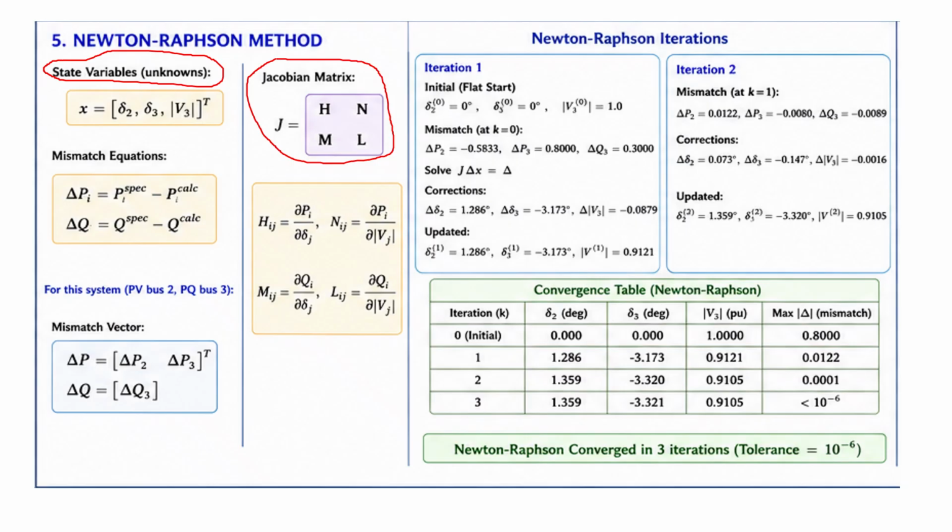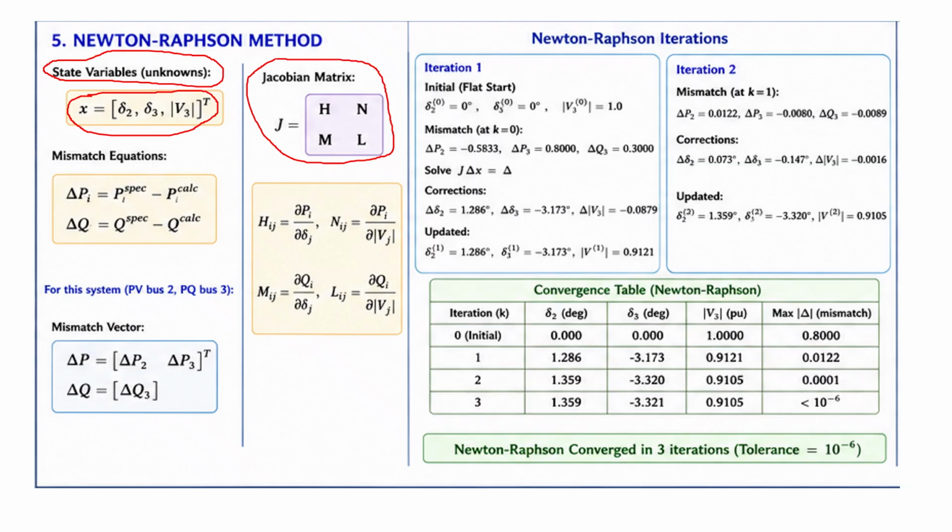For example, if we take alpha 2 as the voltage angle at bus 2, alpha 3 as the voltage angle at bus 3, and voltage magnitude 3 as the state variables. This is the state variable. Then we can assume the initial values: voltage angle at bus 2 is 0, voltage angle at bus 3 is 0, and magnitude of voltage at bus 3 is 1.